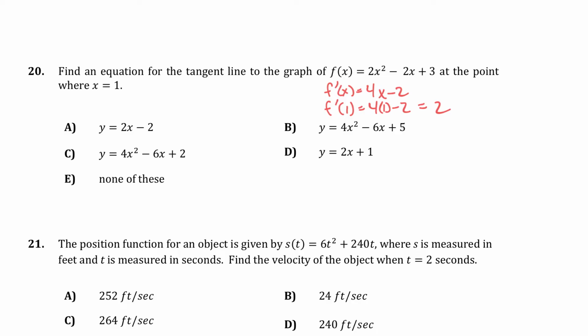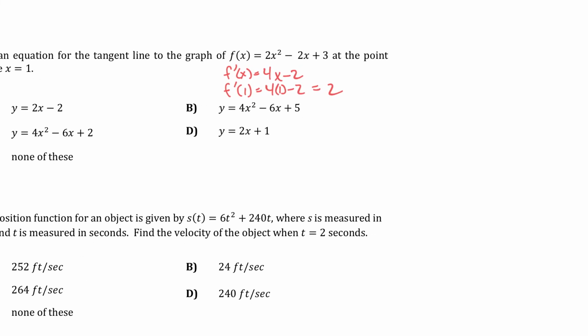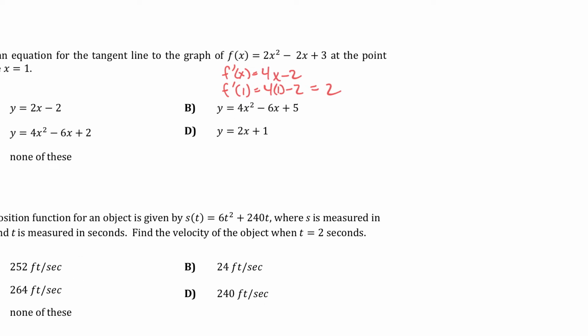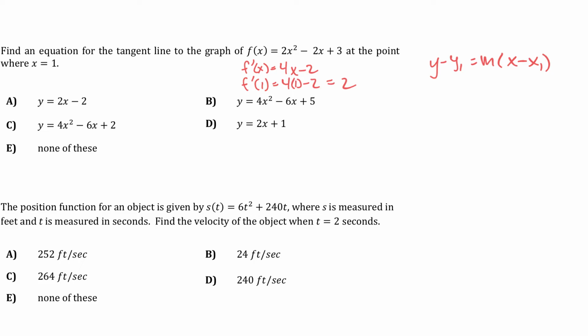And so now keep in mind, we're looking at that classic point slope form: y minus y sub 1 equals m times x minus x sub 1. And x sub 1 is just 1.